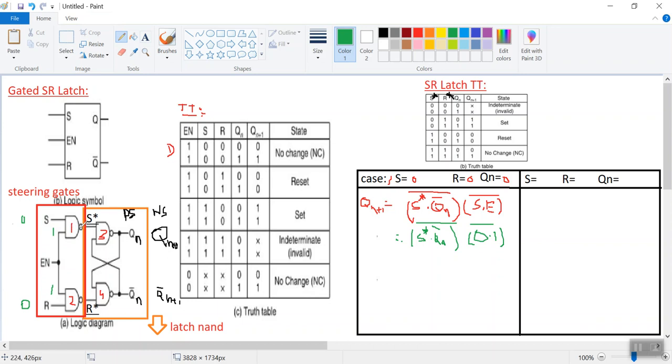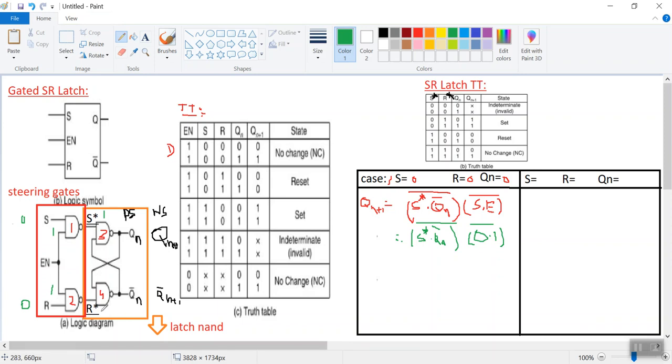So 0, and then with one inverter, the complement of 0 gives 1. Similarly, 0 into 1 is 0, and the complement of 0 is 1, so you get input R star as 1 here.